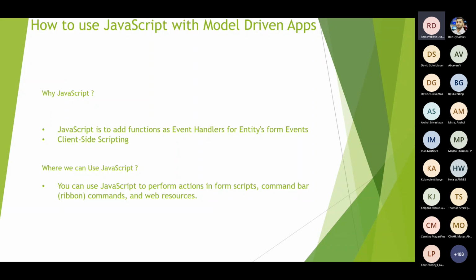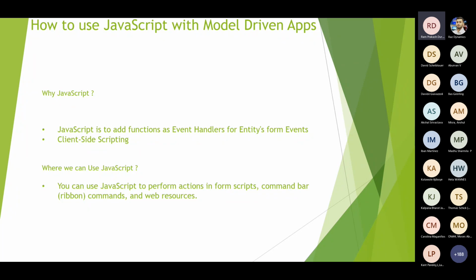As we have seen in an earlier session, business rules are available. For example, if a field contains data, we want to enable or disable a field, or show some alert or notification, we can achieve that in a business rule.